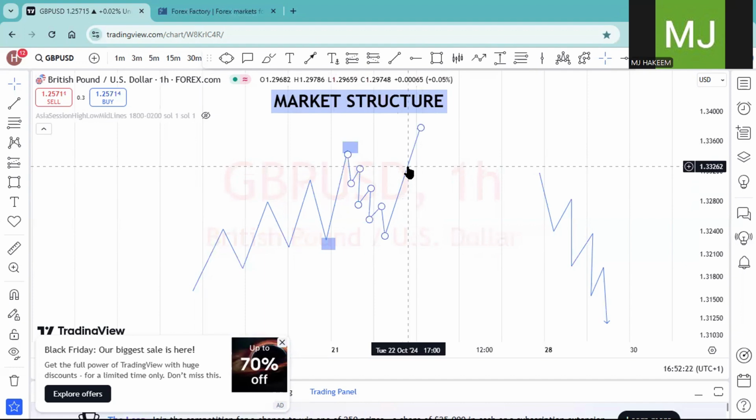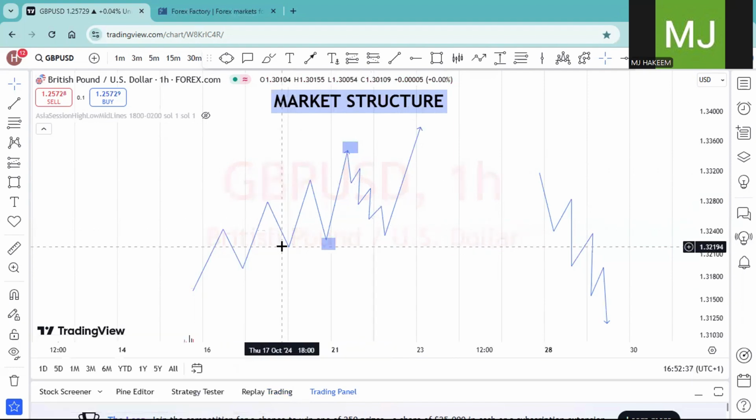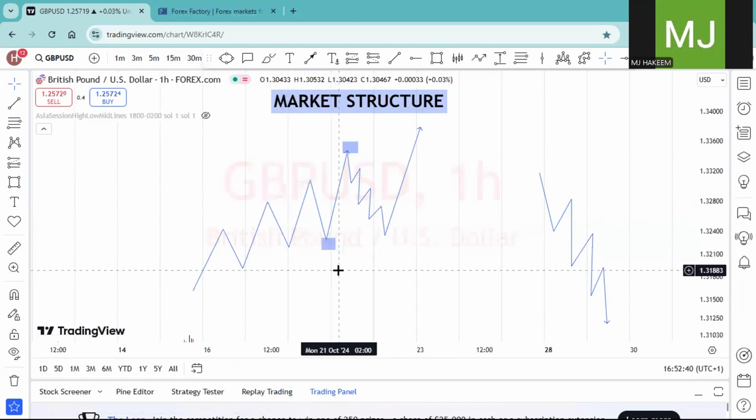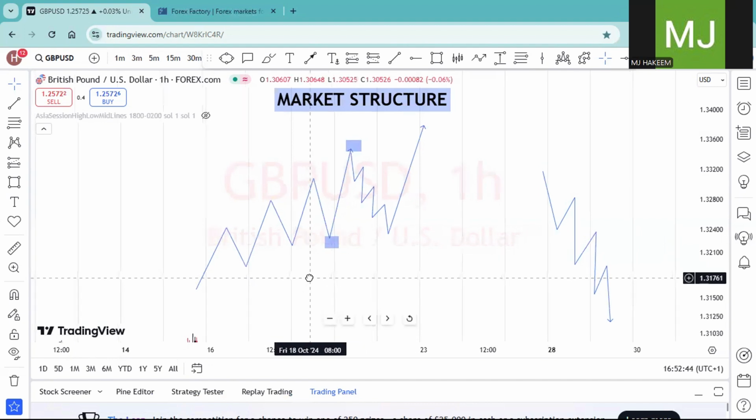Now, let's look at how you can mark a real higher high, a real higher low, a real lower low, and a real lower high in the market in real time, with this basic example. Also, how can you know if the structure has changed in the market, and how you can mark a good zone to trade from.